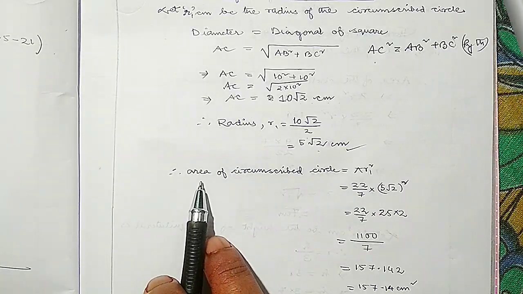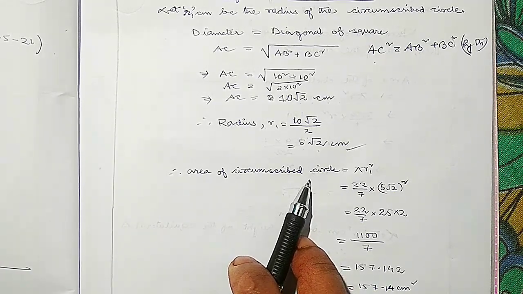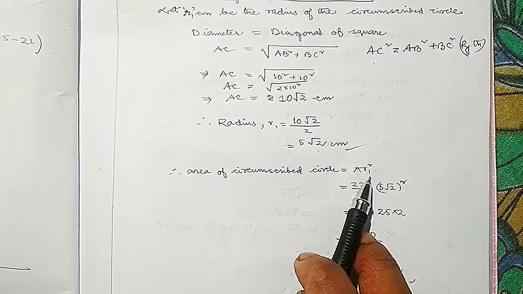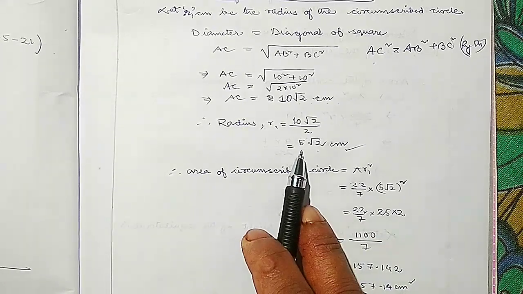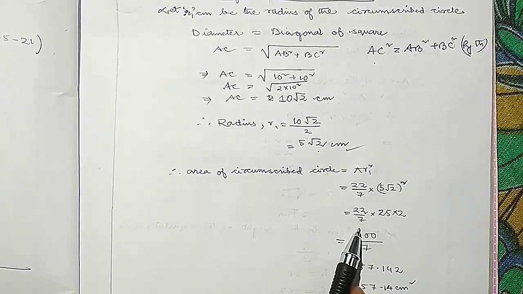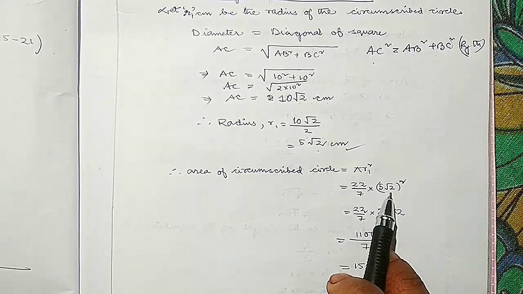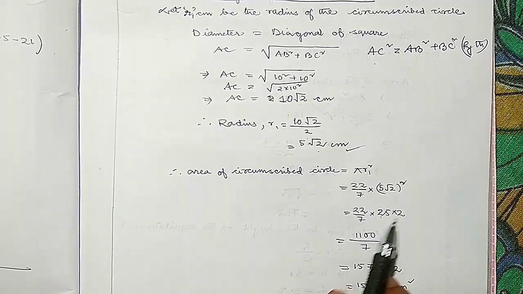We have to calculate the area of the circumscribed circle, and we know the area of the circle is pi r square. As we have considered the radius to be r1, the area will be pi r1 square. Pi is 22 by 7 into r1, which is 5 root 2, square. 22 by 7, 5 square, 5 5 is 25. Root 2 square is 2. Now 22 into 25 into 2 by 7.